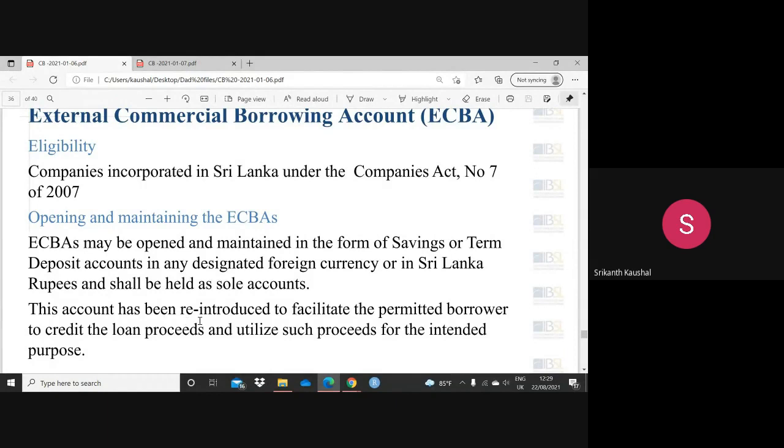This account has been reintroduced to facilitate the permitted borrower to credit the loan proceeds and utilize them for the intended purpose. The Central Bank wanted to monitor their borrowings through this account, which is the reason they designated a separate account to be opened by the borrower.